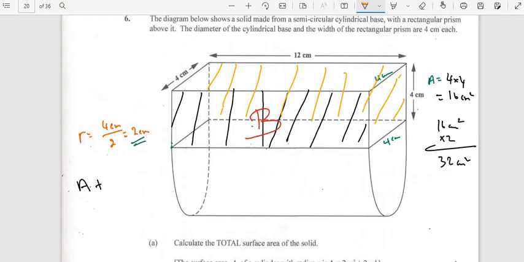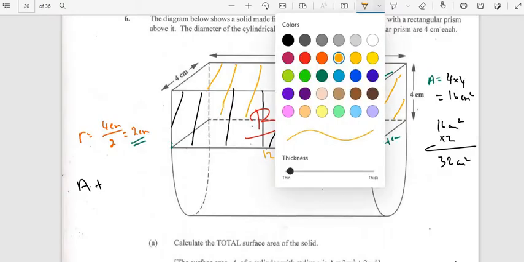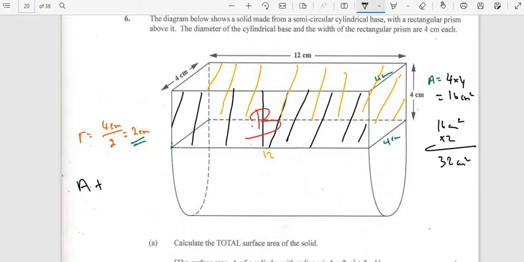Now this is a rectangle, obviously. So this length here is 12, that length there is 12. And the height here can be found by looking at the opposite height, which is our length, which is 4 centimeters. This is 4. So we're going 12 centimeters by 4 centimeters, length by width. That's 12 times 4.